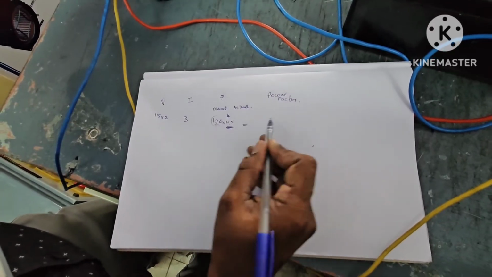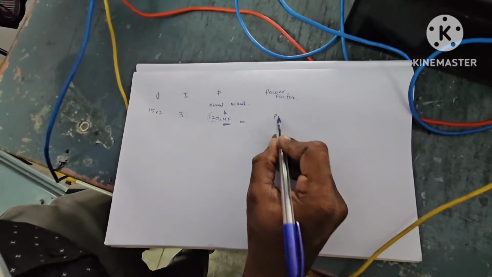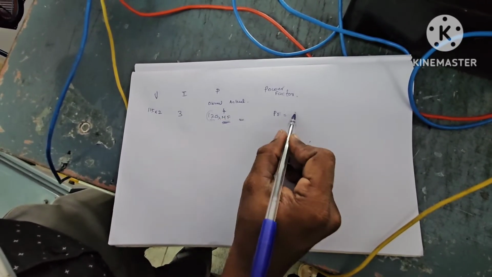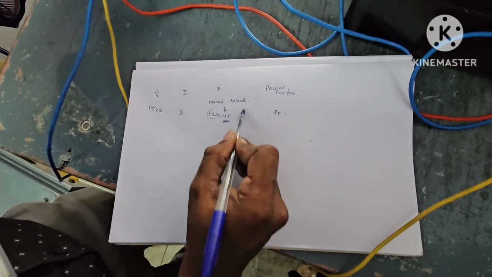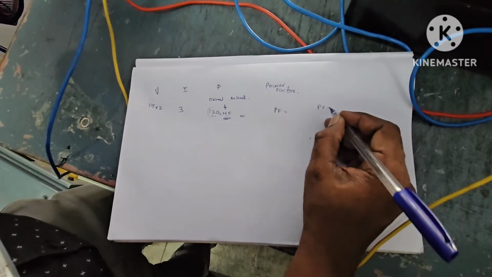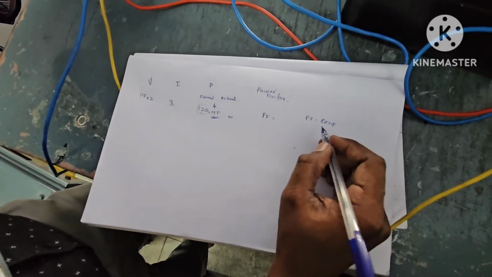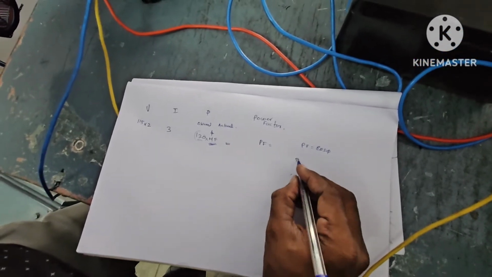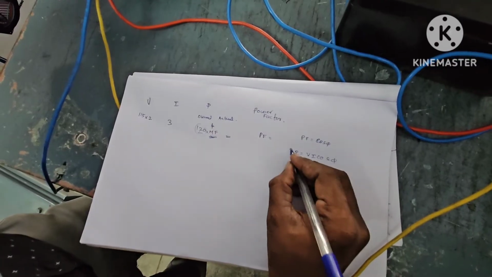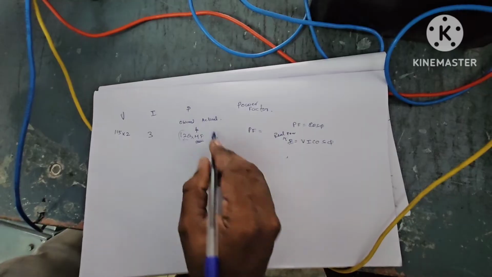Okay. And after that you should do the calculation for the power factor. We can get the power factor using the data we have recorded. We know that real power is VI cos phi. This is the real power, which we already measured using the wattmeter.